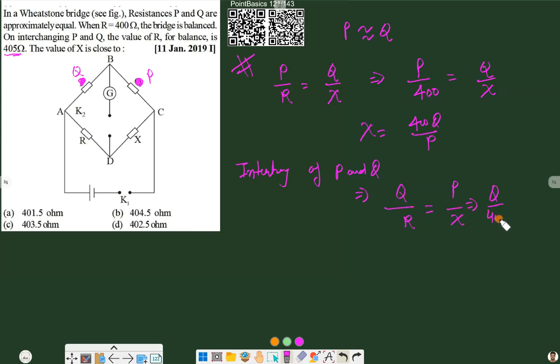So Q by 405 is equal to P by X, and now X will be 405 P by Q. As we have not changed the value of X in both cases, these two values should be equal.